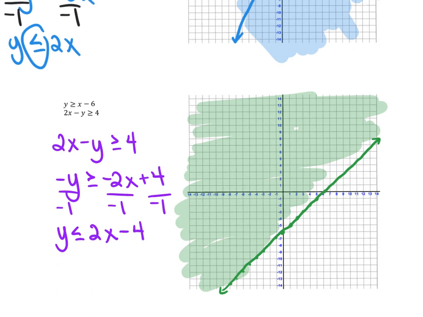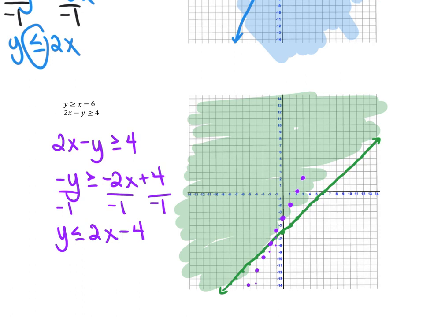So plot those points. Negative 4 is the intercept. Slope says go up 2 over 1. I can also go down 2 over 1.